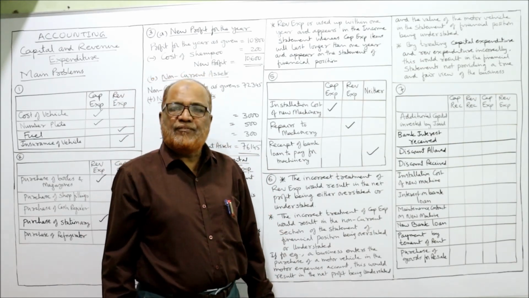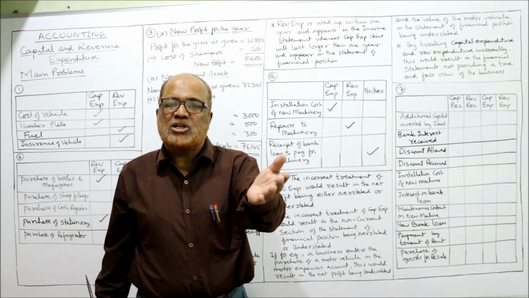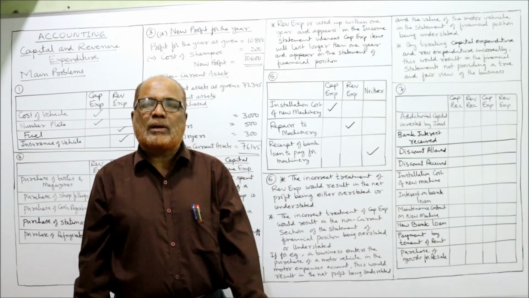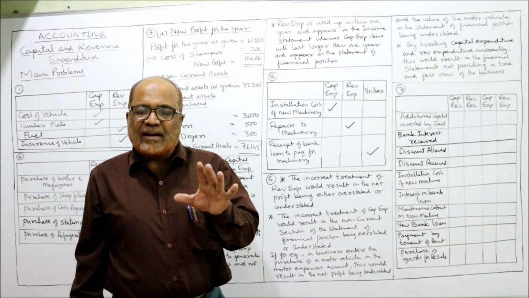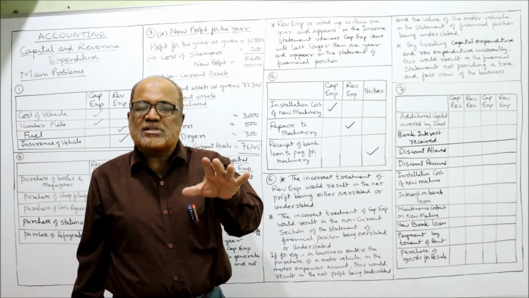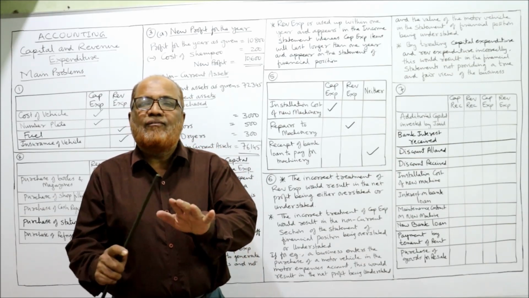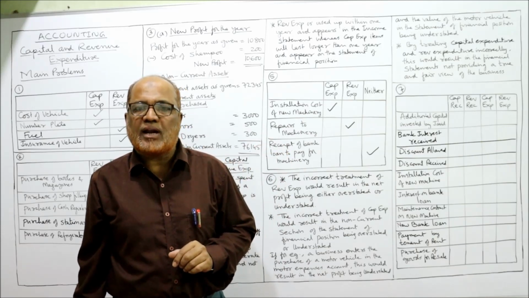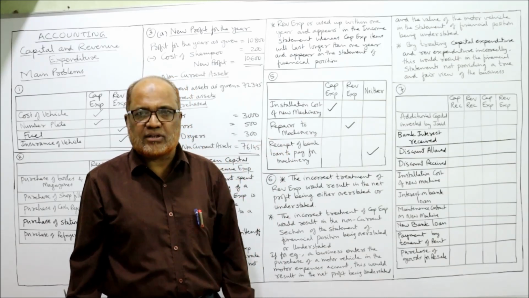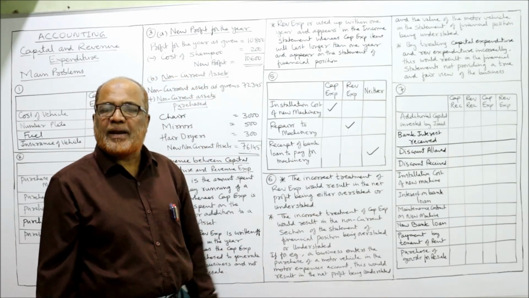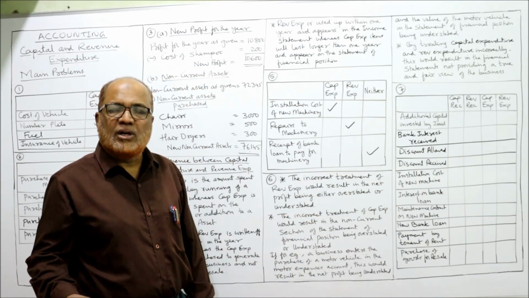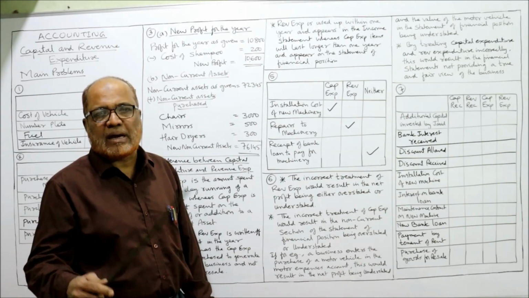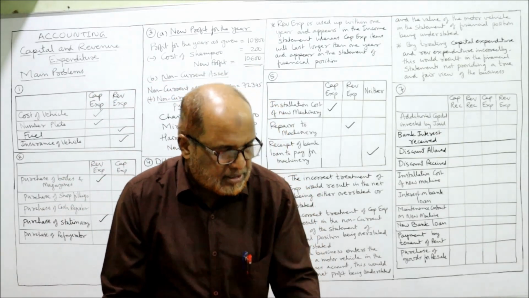Ultimately, if there is a wrong treatment of capital expenditure to revenue or revenue to capital, the final effect will be that the financial statements, that is the income statement and statement of financial position, will not show the true and fair view of the financial transactions. That is the ultimate effect. So I have explained what the effect is due to wrong treatment of capital expenditure to revenue expenditure or revenue expenditure to capital expenditure.